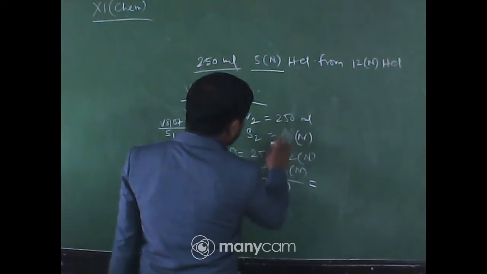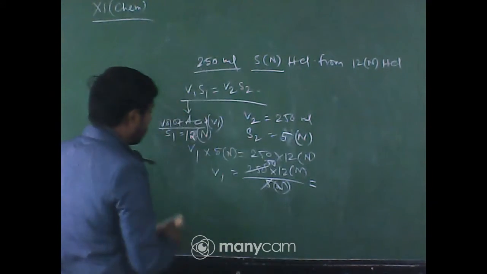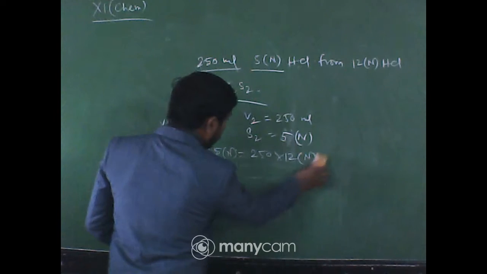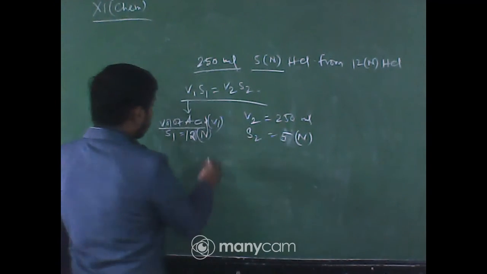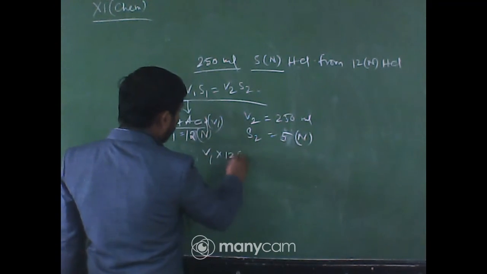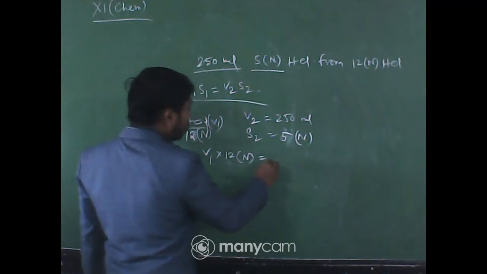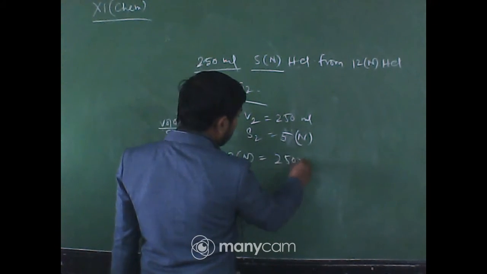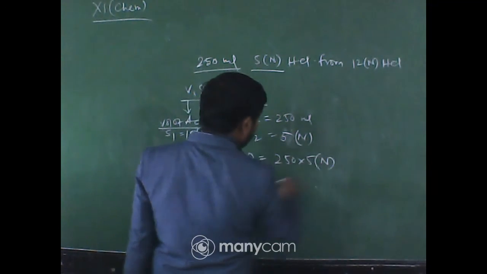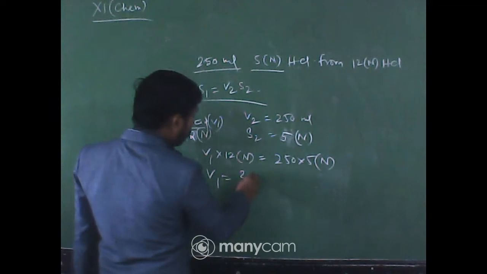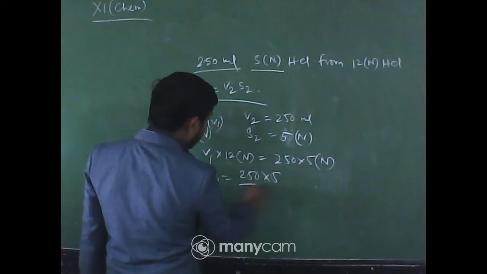V2 is 250 ml and its strength is 5N. So V1 into 12 normal equals V2, that is 250 into 5 normal. So V1 equals 250 into 5 by 12.